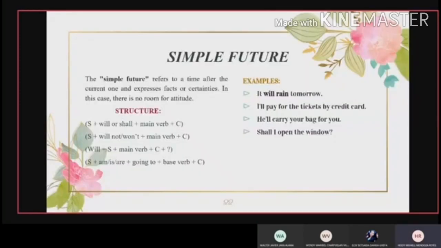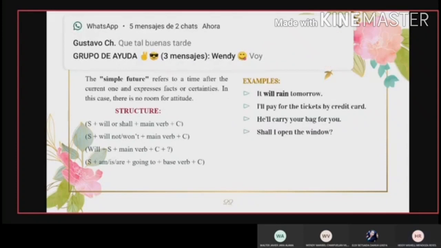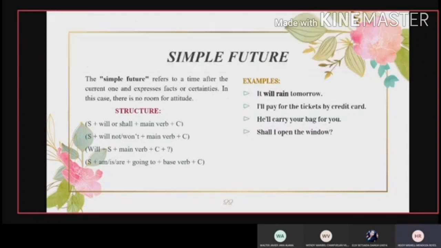Okay, the future tenses. Simple future. The simple future refers to a time after the current one, an unexpressed fact or time. In this case, there is no room for attitude.